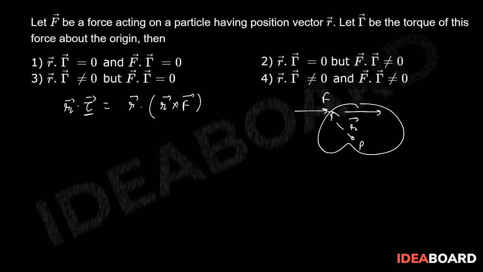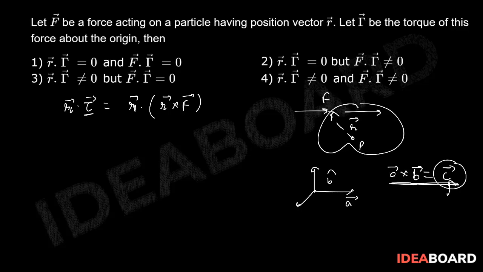Now we know that if there are two vectors in a plane, vector A and vector B, and A cross B gives a vector C, for example, definitely this vector C will be perpendicular to the direction of those two vectors A and B. So definitely r cross F, meaning the tau vector, will be perpendicular to r.